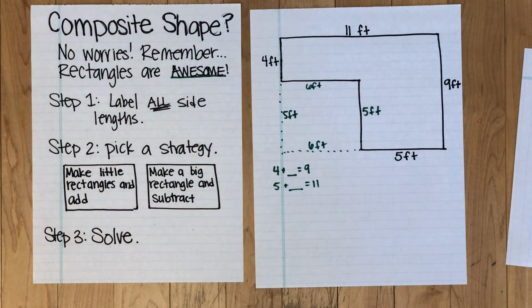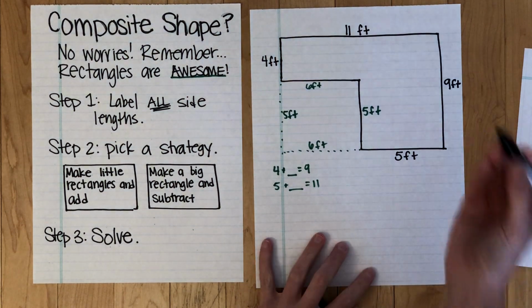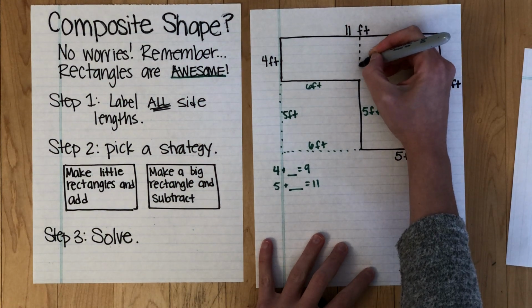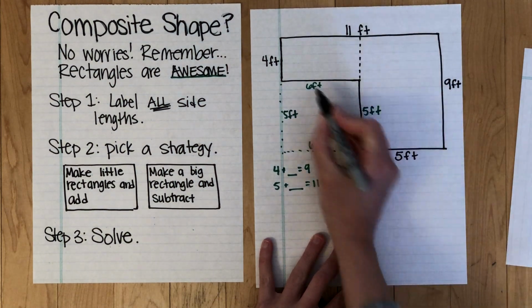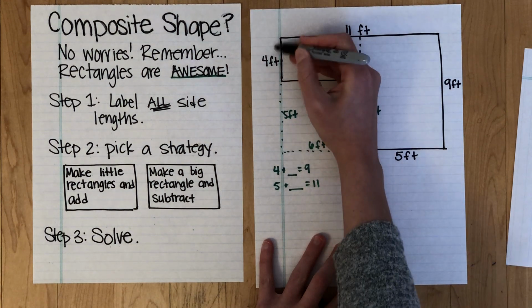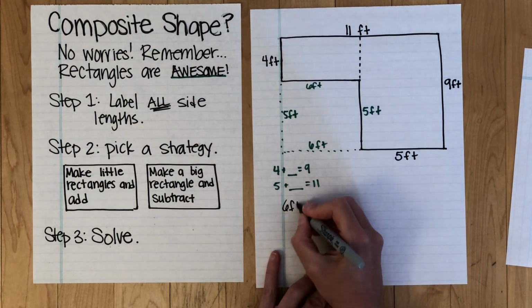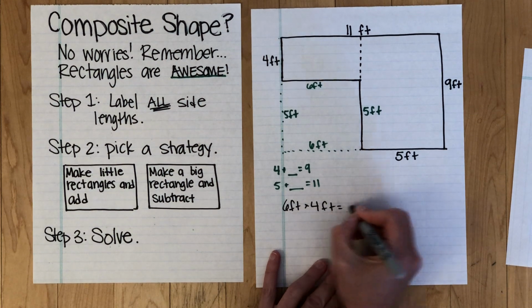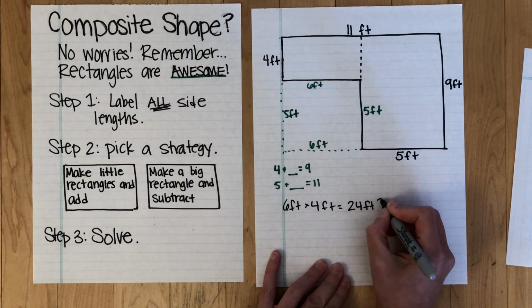I want you to pause the video and try to solve this using one of the strategies. Welcome back. Let's see how you did. I'm deciding which one to do. I'm going to do make little rectangles and add. This is 6 feet, this is 4 feet. 6 feet times 4 feet equals 24 feet squared.